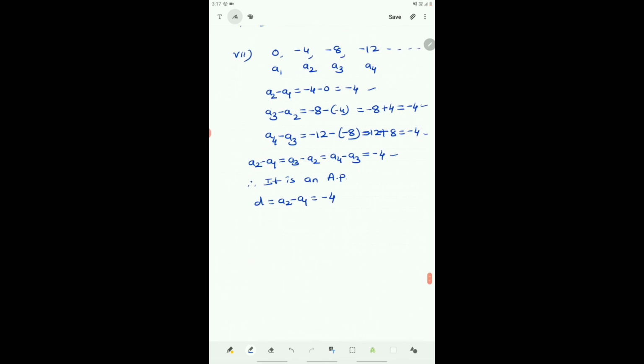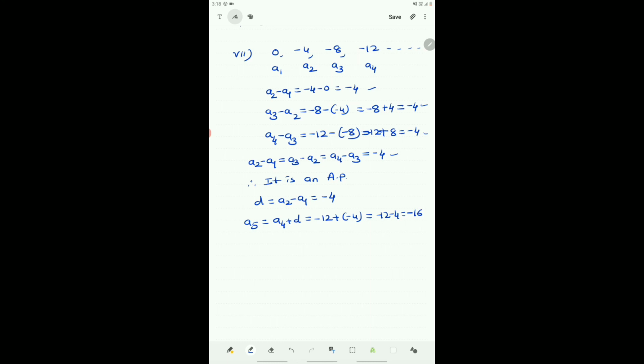Find the next three terms. So which are the next three terms? A5, A6 and A7. So you write A5. A5 is equals to A4 plus D. A4 is minus 12, plus D is minus 4. Actually it is minus 12 minus 4, that is equals to minus 16.